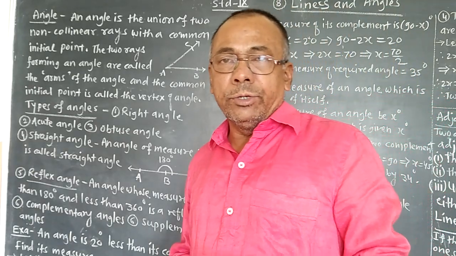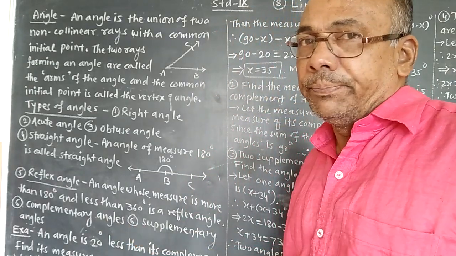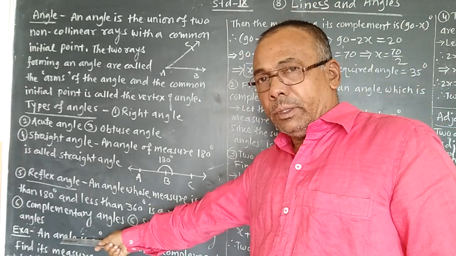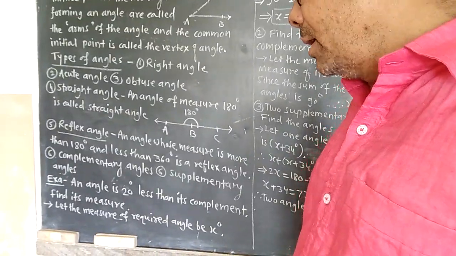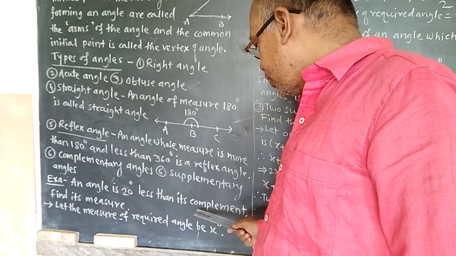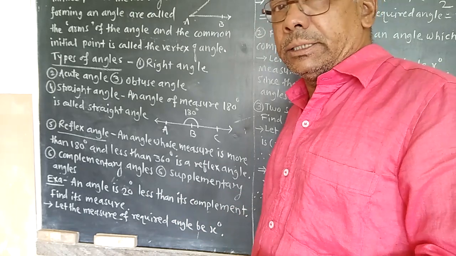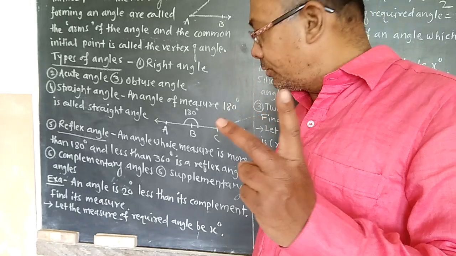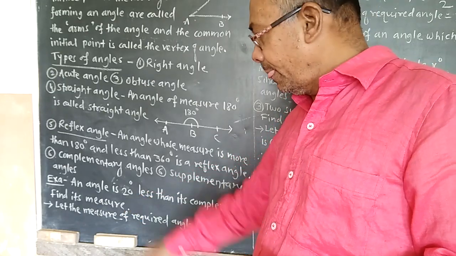Here we are going to solve some examples related to complementary angles as well as supplementary angles. The first example: an angle is 20 degrees less than its complement. This means the difference of these two angles is 20 degrees. Find its measure.